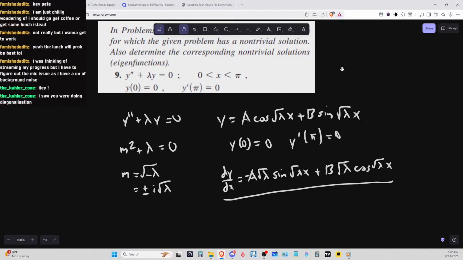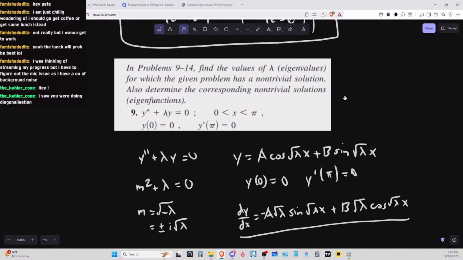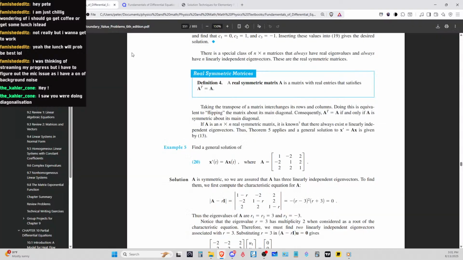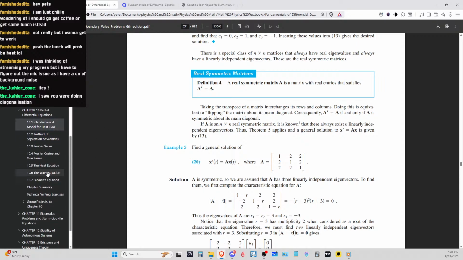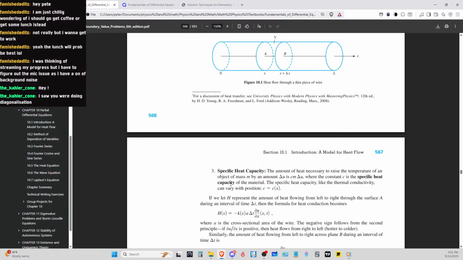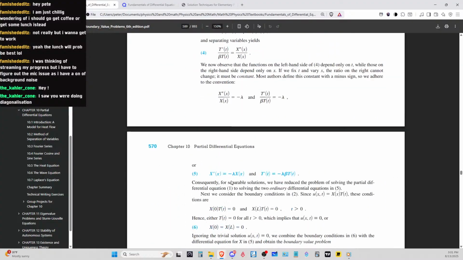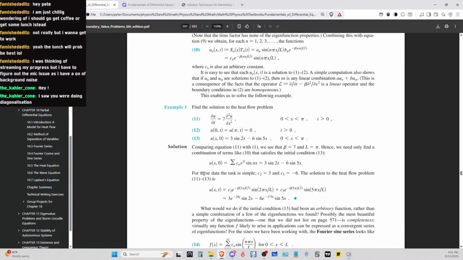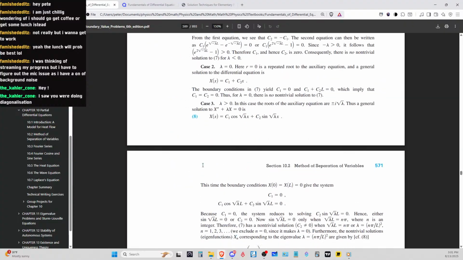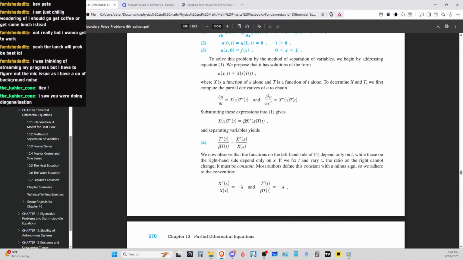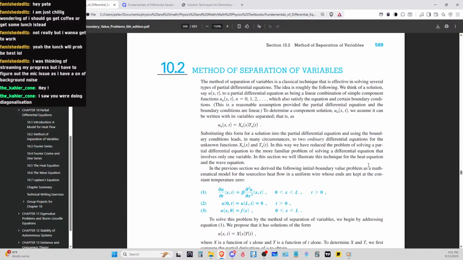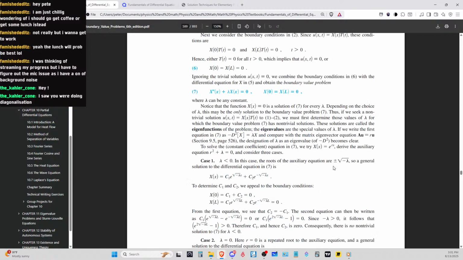Hey, Sascha, how's it going? Saw you were doing diagonalization. Well, I'm actually trying to figure out how to implement it with differential equations, because I saw an interesting section in this book. This is the chapter on partial differential equations, and I thought I would dip my feet in it a little bit, because this section shows you the method of separation of variables.